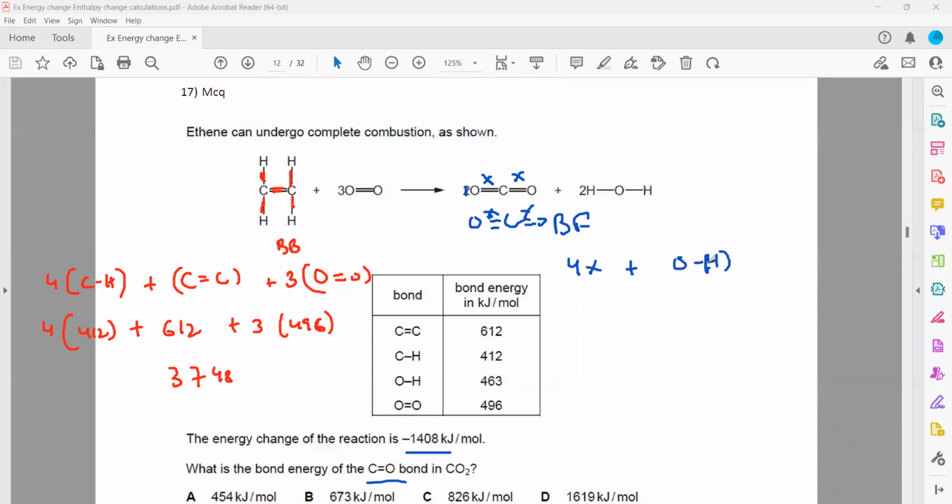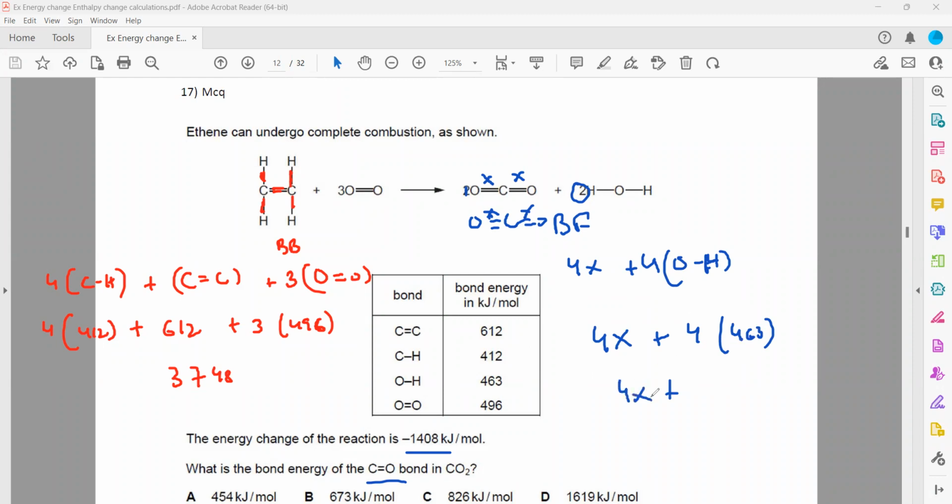In one water molecule there are 2 OH bonds, but because there are 2 water molecules, there will be 4 OH bonds. Each OH bond is 463, so 463 into 4.